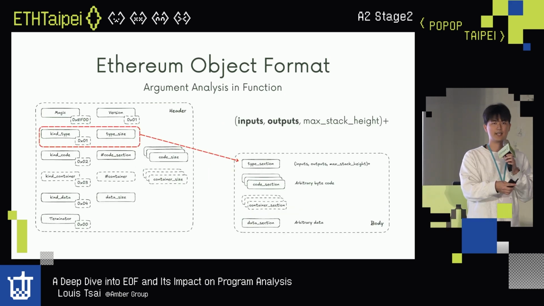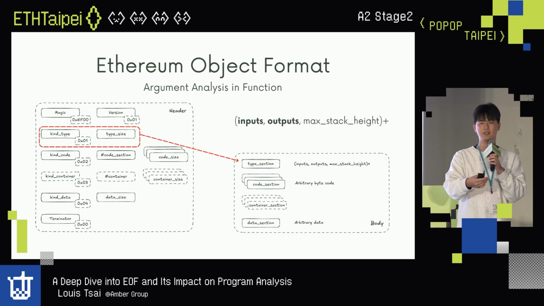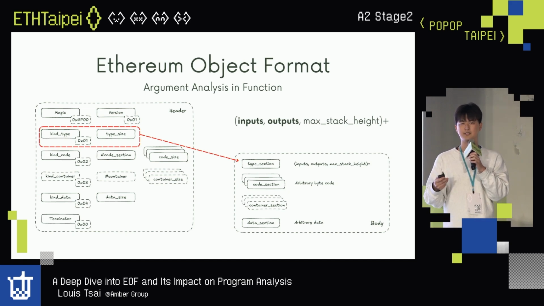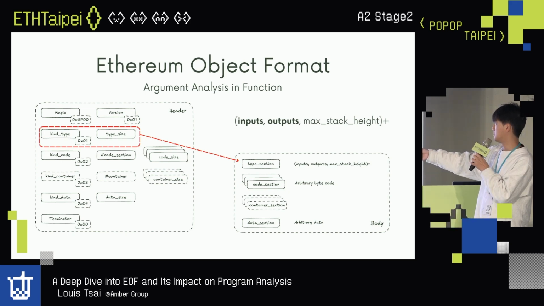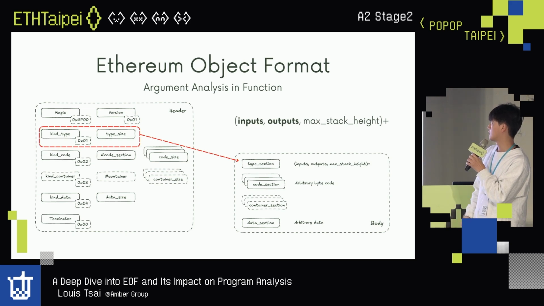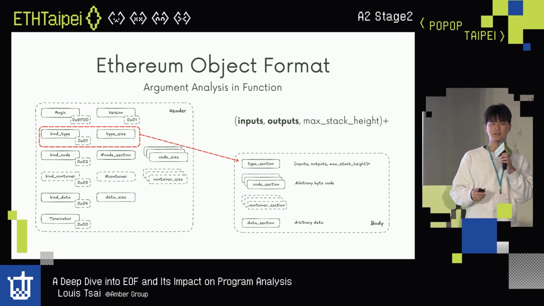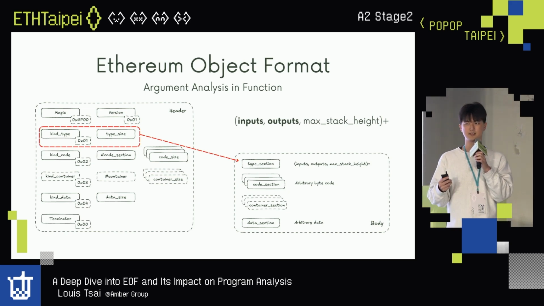And we already have the call pattern and the return pattern. Then how do we detect the input argument or the output argument? We have mentioned in the EOF header, there is a type section. In the type section, each entry consists of 4 bytes.